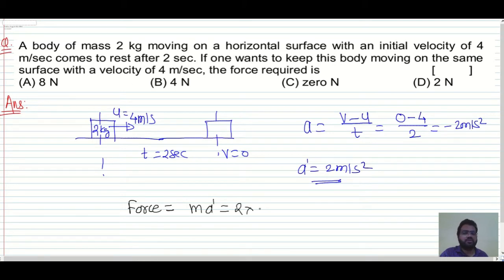Mass is 2 into deceleration is 2, so it will become 4 Newton. So if you apply the force of 4 Newton, this body will move with the same velocity, that is 4 meter per second, forever on this surface. So the answer for this question is option B.